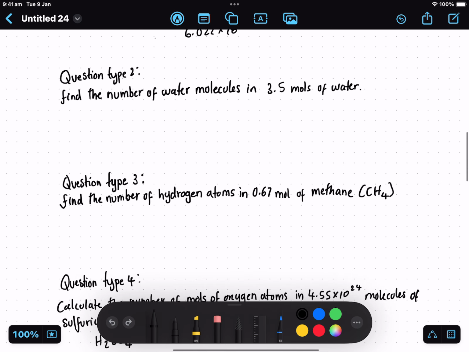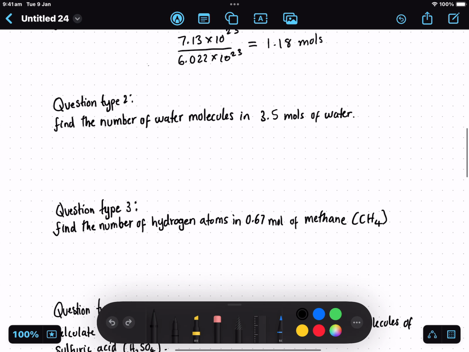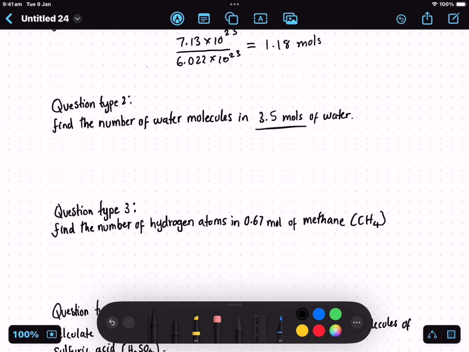Now, find the number of water molecules in 3.5 moles of water. So we have to first think, how many atoms, or how many molecules, are in 3.5 moles of water? We just have to convert the amount of moles to the number of molecules of water.